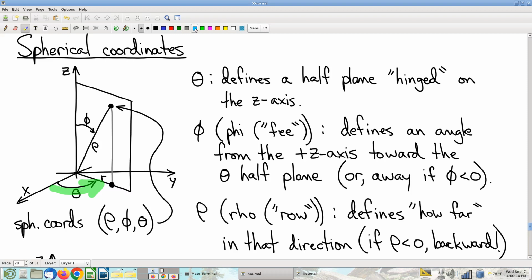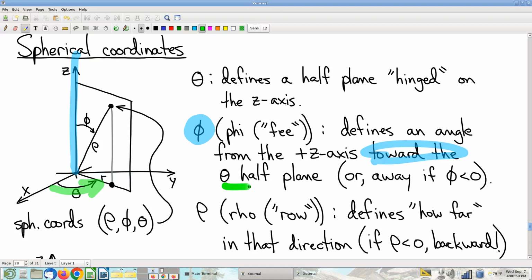Next coordinate is called phi. This is another letter of the Greek alphabet, spelled like so, pronounced like that. So phi is another angle. It's measured from the positive part of the z-axis toward the theta half plane.